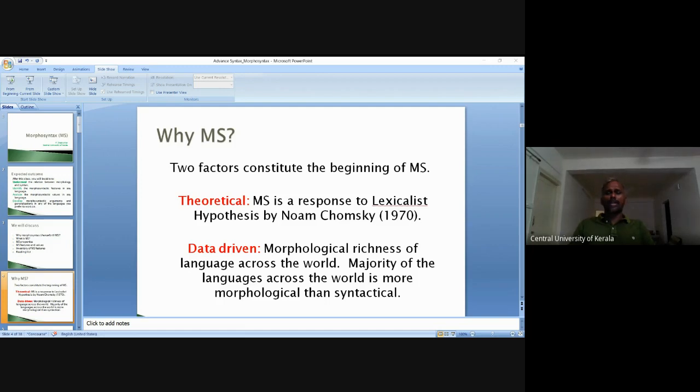Interaction between the word and phrase system is unidirectional. Morphology is interacting with the phrase system, but the relation is not reciprocal. The output of the word formation system provides the input to the phrasal syntax, and not vice versa. The word is the input, the phrase is the output.